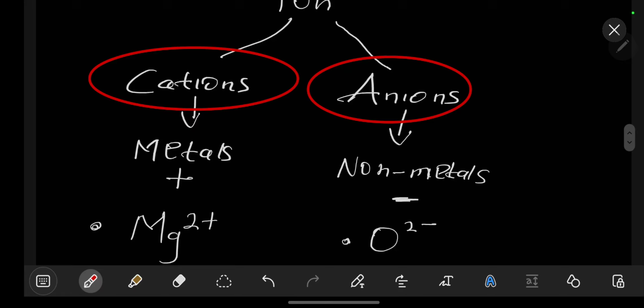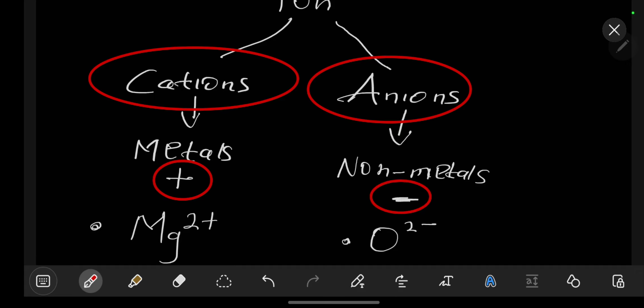Whenever you see cations, take your mind to metals. And whenever you see anions, take your mind to non-metals. And when you hear metals, the charge that should come to your mind is the positive charge. And when you hear non-metals, the charge that should come to your mind is a negative charge.